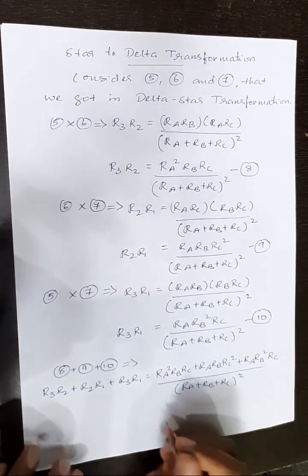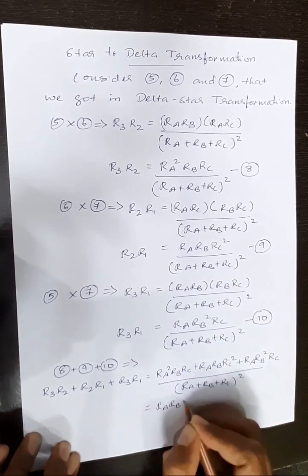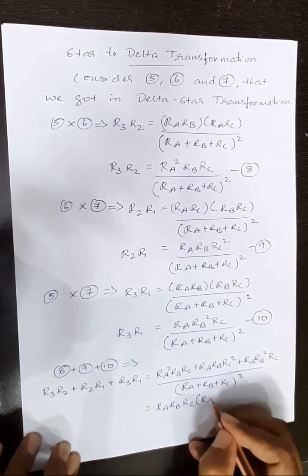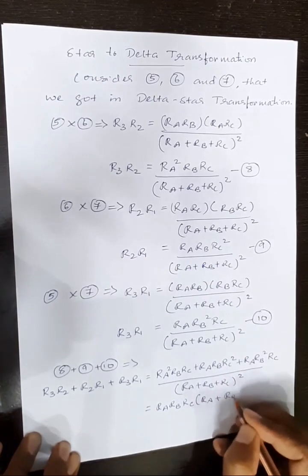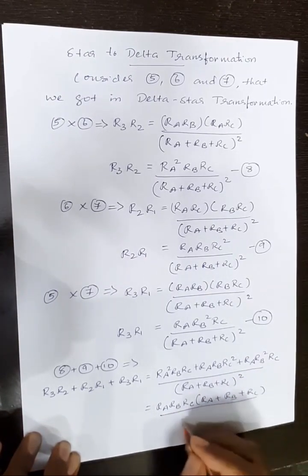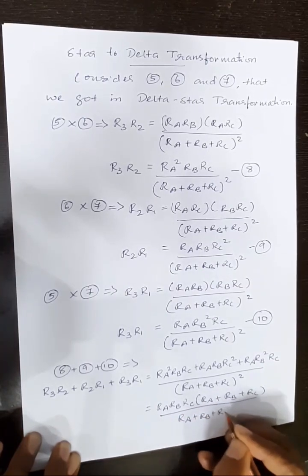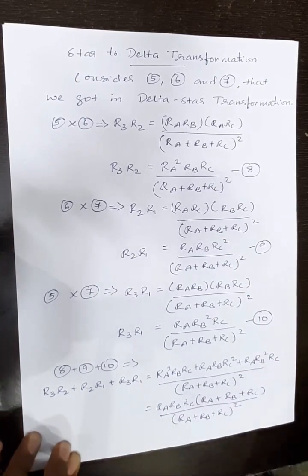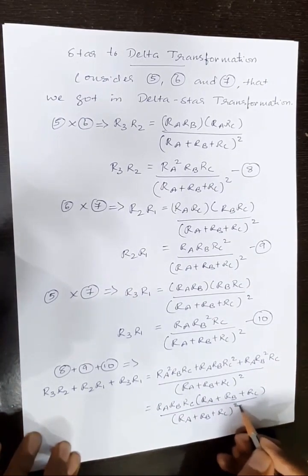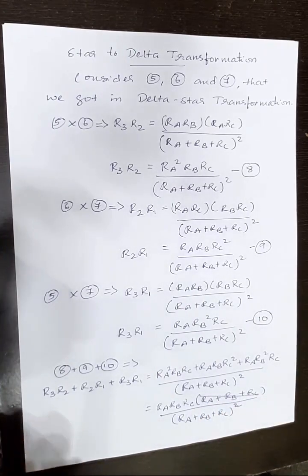In the numerator, you can take RA, RB, RC as the common factor. You will get the remaining terms multiplied as RA plus RB plus RC divided by the denominator RA plus RB plus RC whole square. So one RA plus RB plus RC in the numerator and one in the denominator will get cancelled.